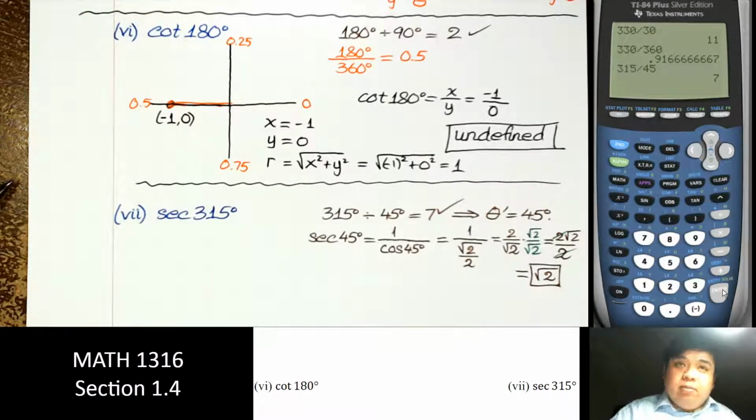Next, the quadrant. 315 divided by 360 is 0.875.